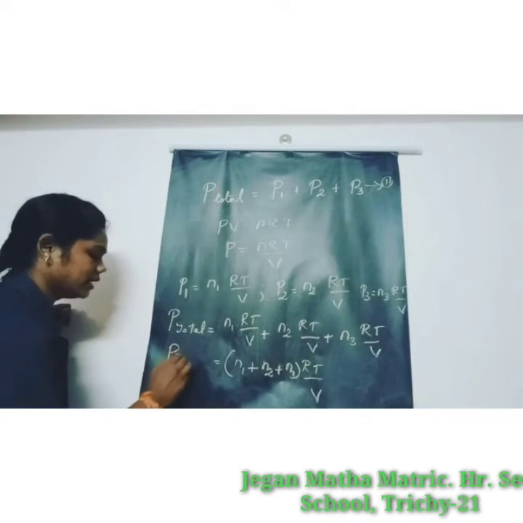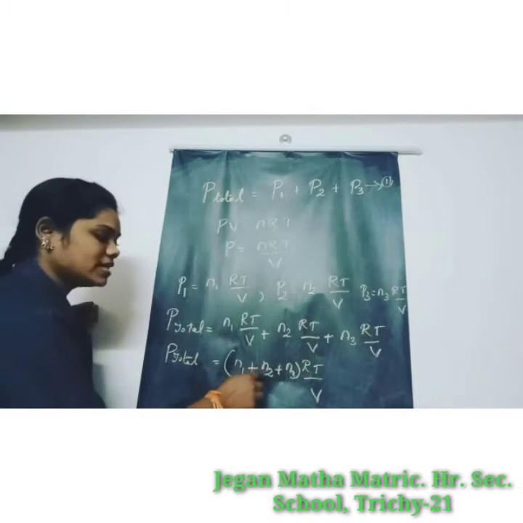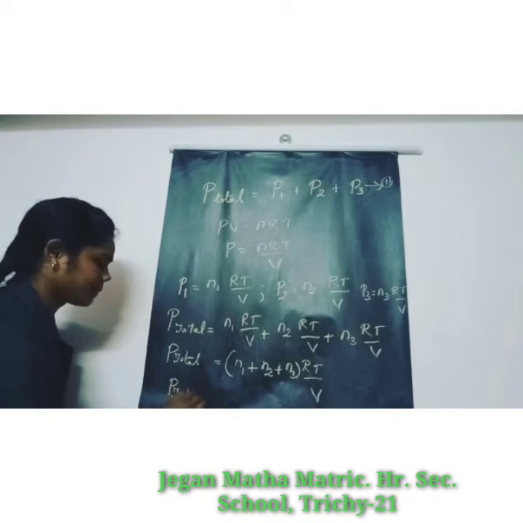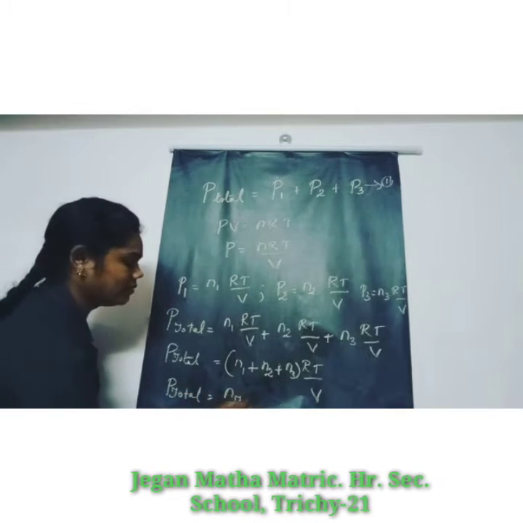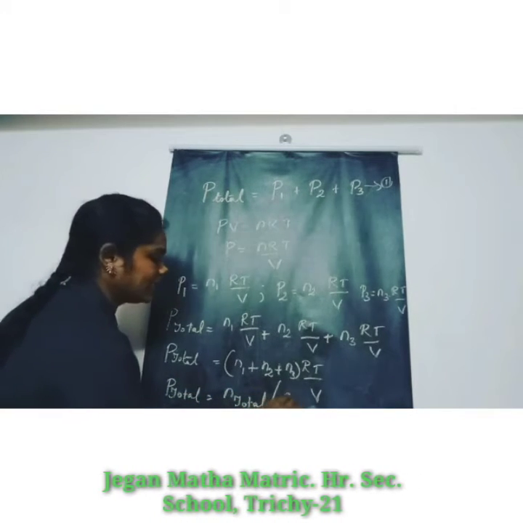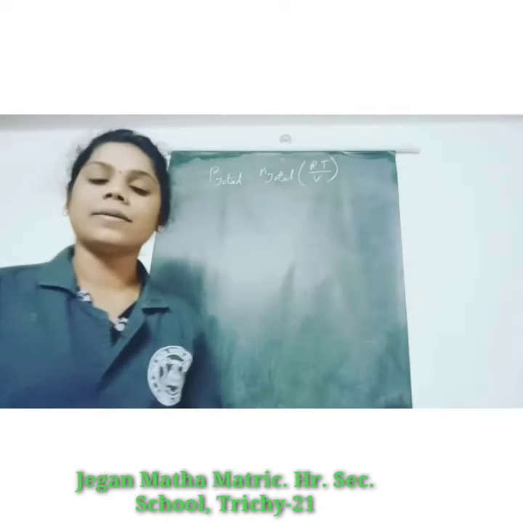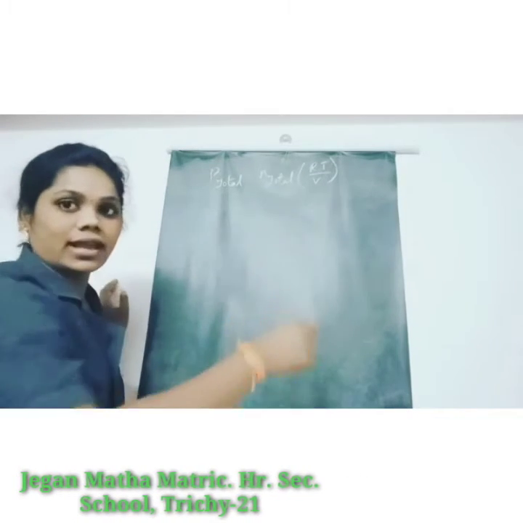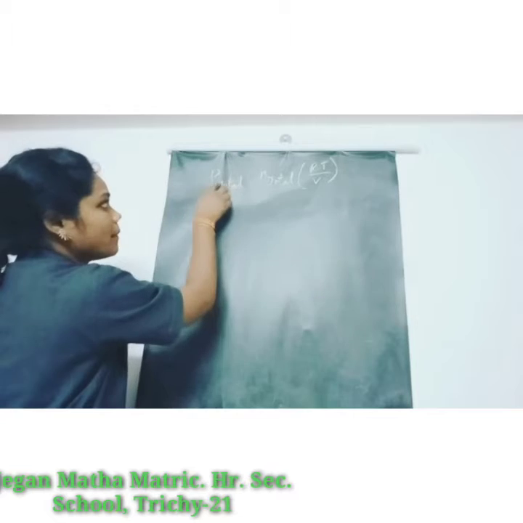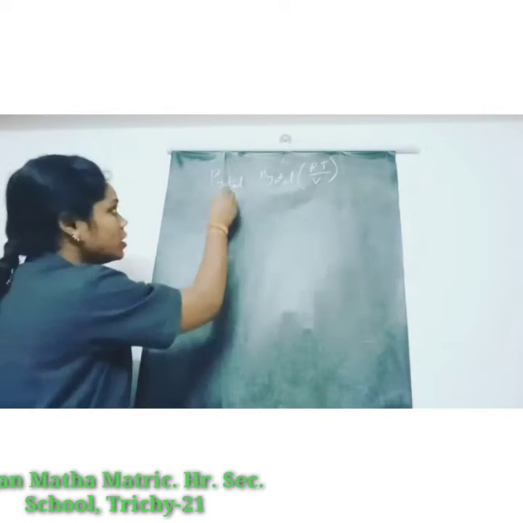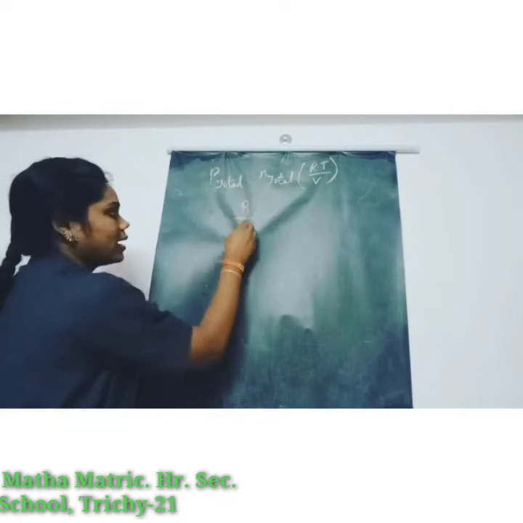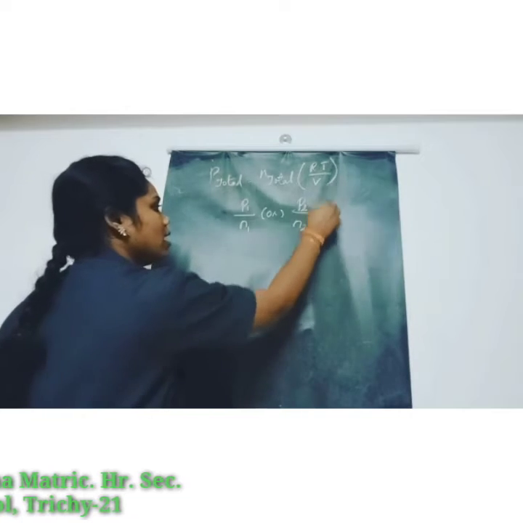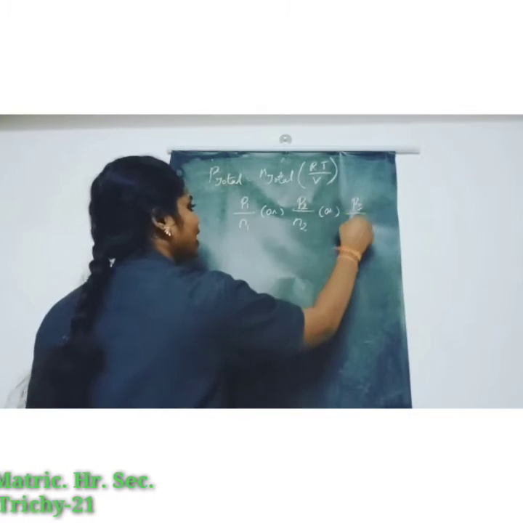So P total is equal to N1 plus N2 plus N3 times RT by V. So P total is equal to N total RT by V. The partial pressure can also be expressed as follows: RT by V can be written as P total by N total, that is P1 by N1, or P2 by N2, or P3 by N3.